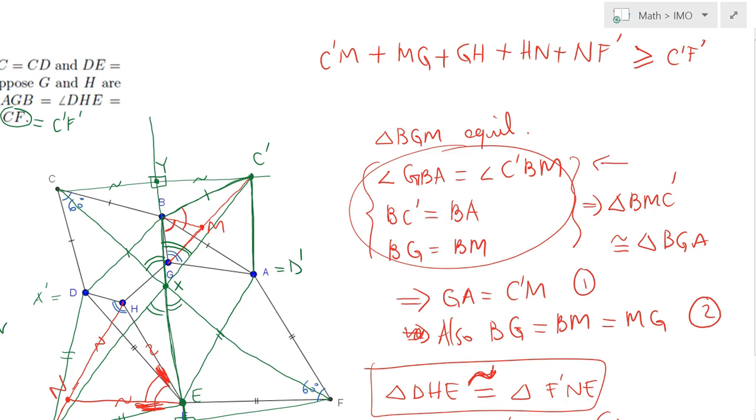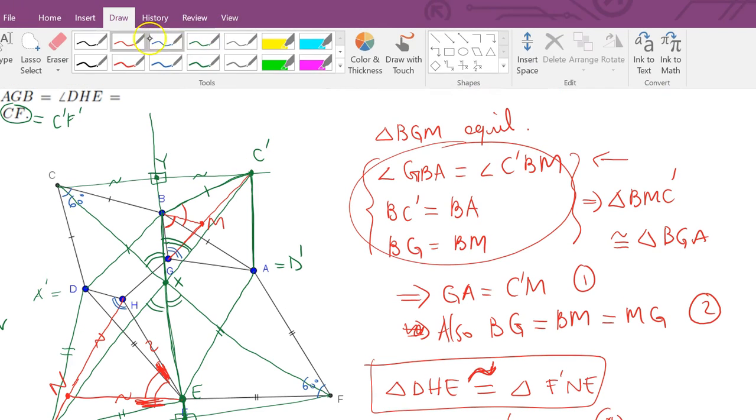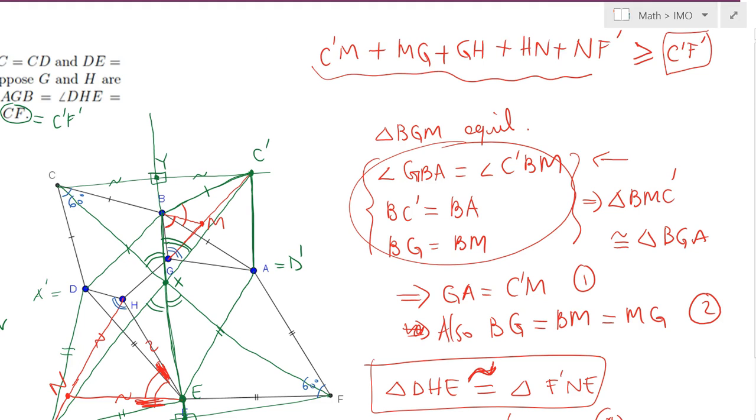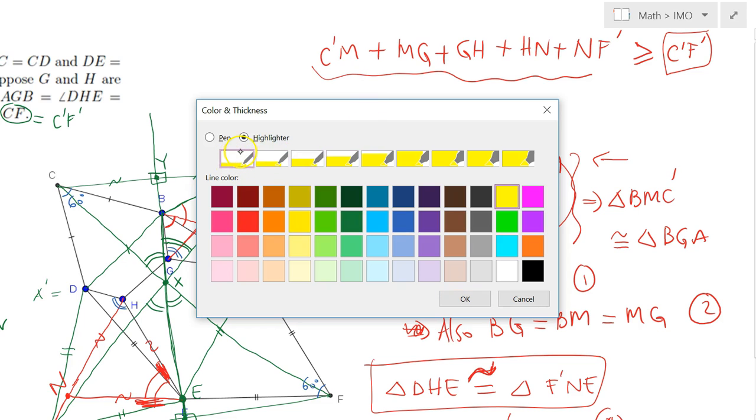But it is obvious, right? Because C prime F prime is a straight line between the points C prime and F prime, versus the left-hand side. Starting from point C prime, you trace out the following line. In fact, let's make it slightly thinner. Okay, good.